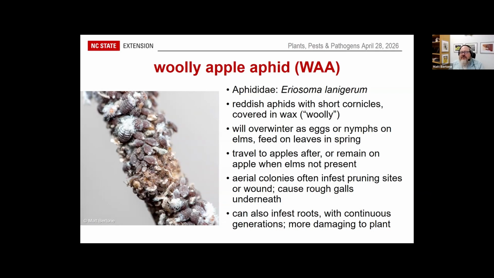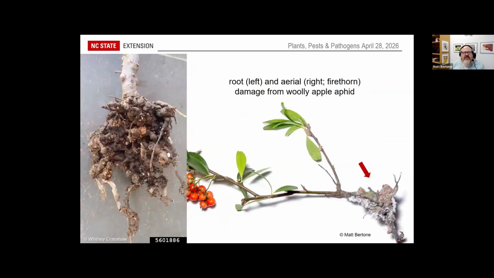But they can also infest the roots with continuous generations underground, and this is actually the most damaging part to plants because it's galling on the roots and it creates a lot of stress and destruction to the root system. And so you can see here are the knobby roots and the reduced roots of a plant that was infested with the subterranean, the root form of the woolly apple aphid.